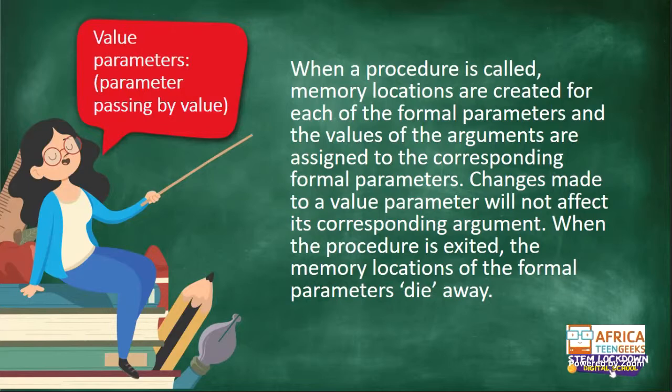It says: when a procedure is called, memory locations are created for each of the formal parameters, and the values of the arguments are assigned to the corresponding formal parameters. Changes made to a value parameter will not affect its corresponding argument. When the procedure is exited, the memory locations of the formal parameters die away. Now, who understood a word I read just now?